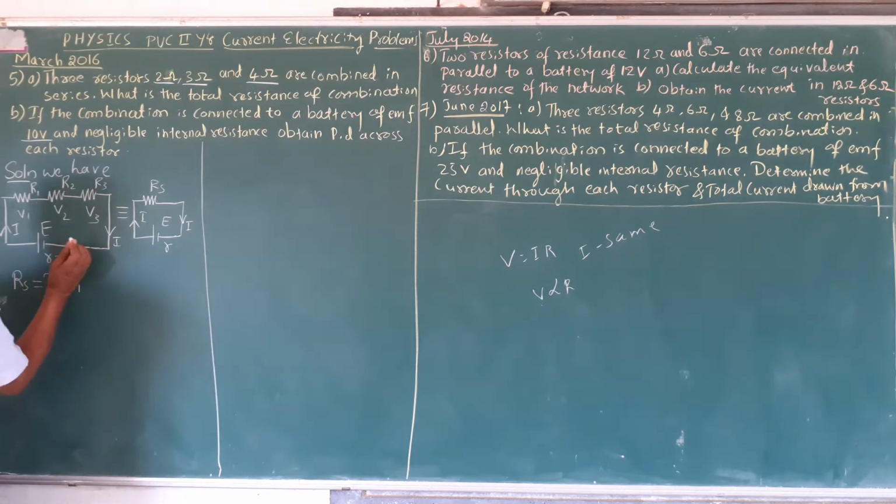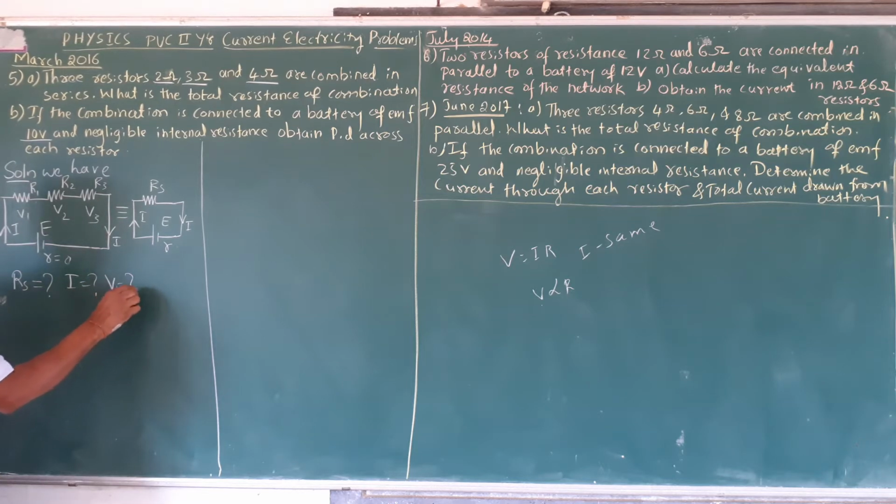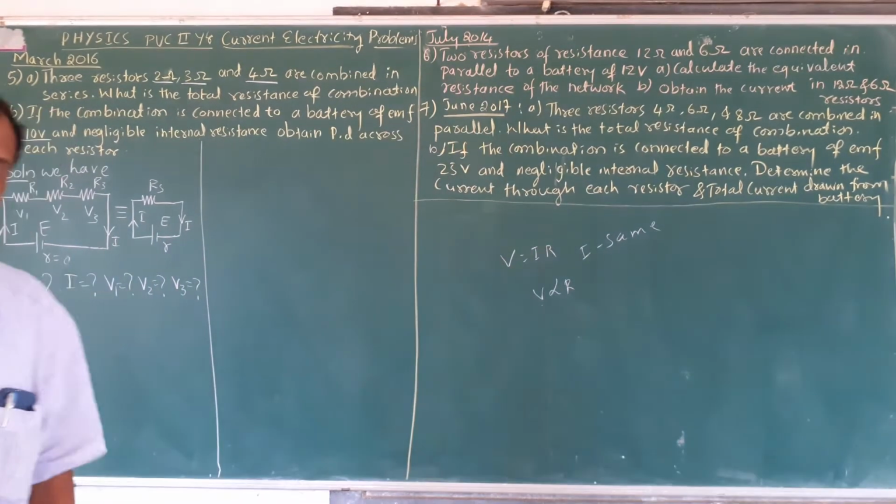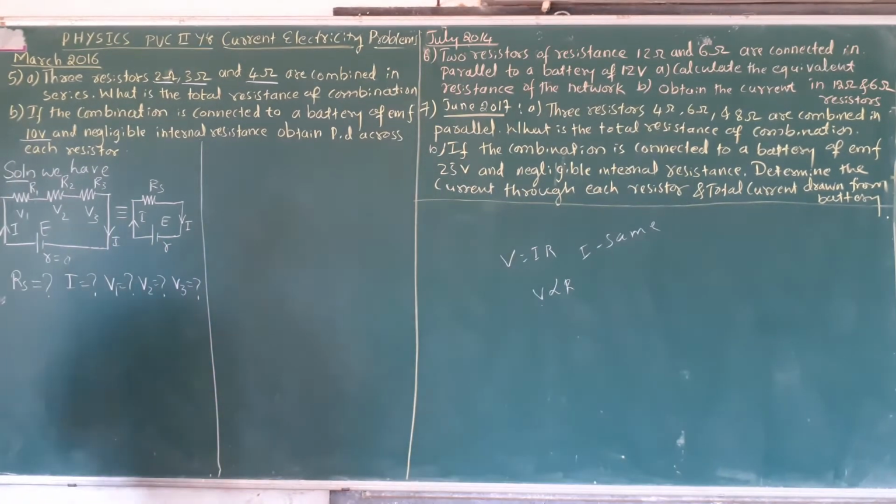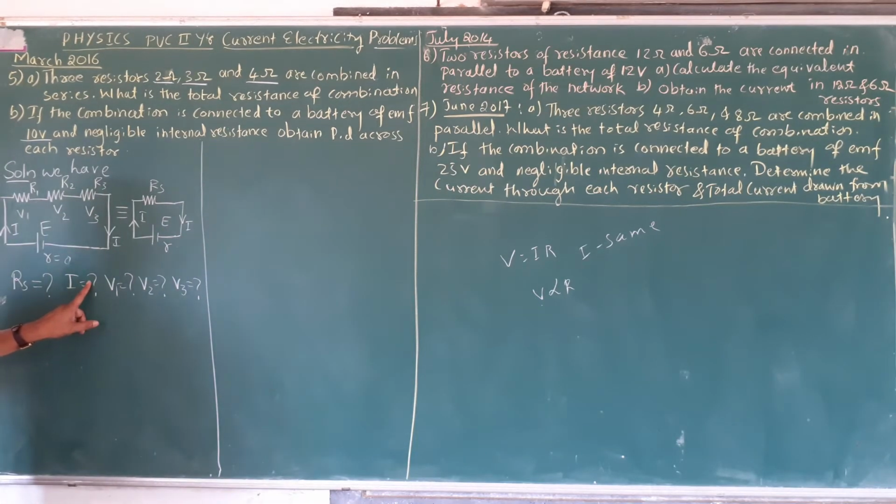So the next point is to find I, then V1, V2 and V3. I, V1, V2, V3 are the question marks. Yes, the effective or equivalent resistance.